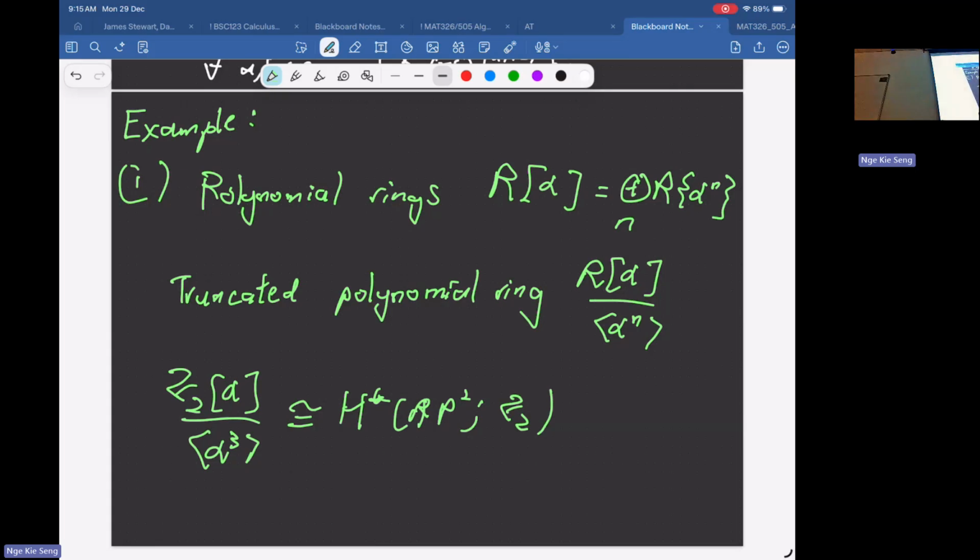When it is RP^2, I still remember the cellular chain complex of RP^2. You have one cell in dimension 0, one cell in dimension 1, one cell in dimension 2, and the maps are multiplication by 0, 2, 0. If you just consider Z, it's not very interesting because the multiplication by 2 map is injective, so the kernel is 0.